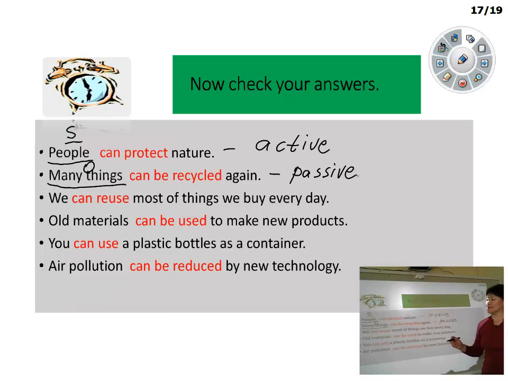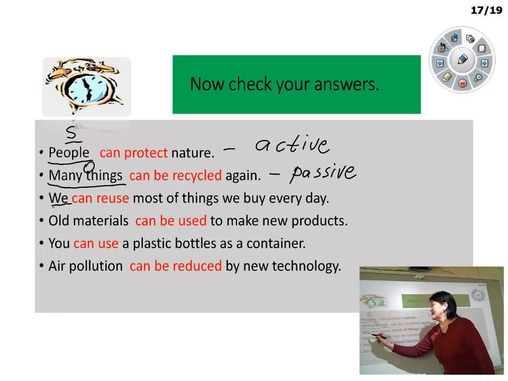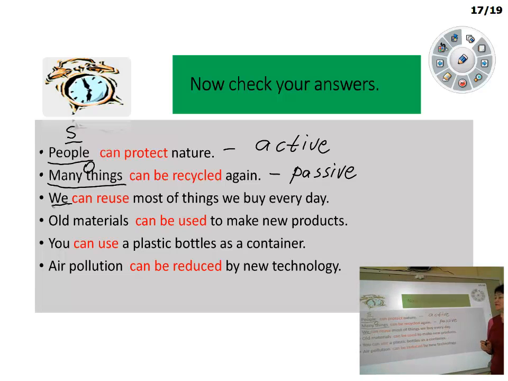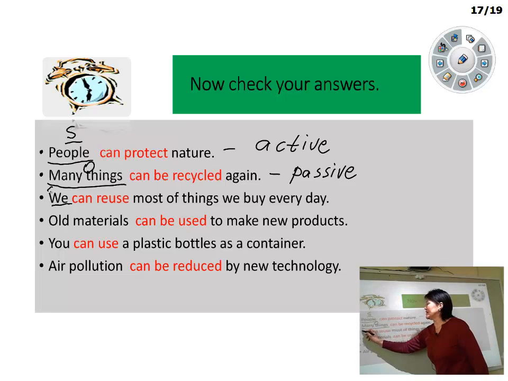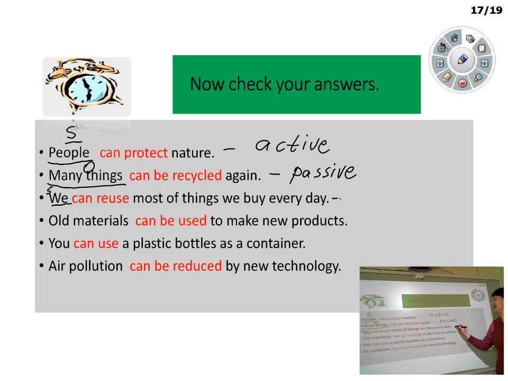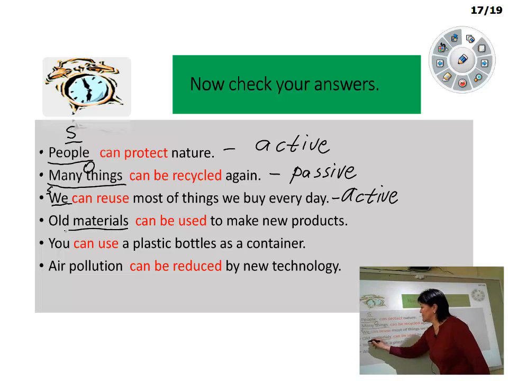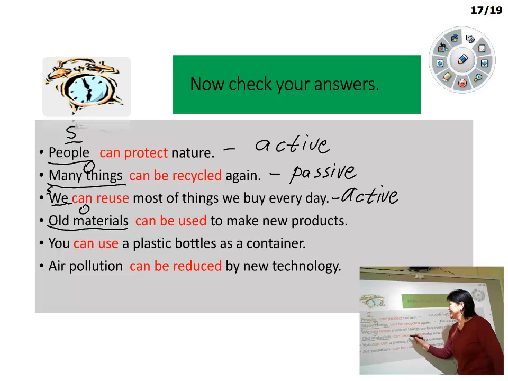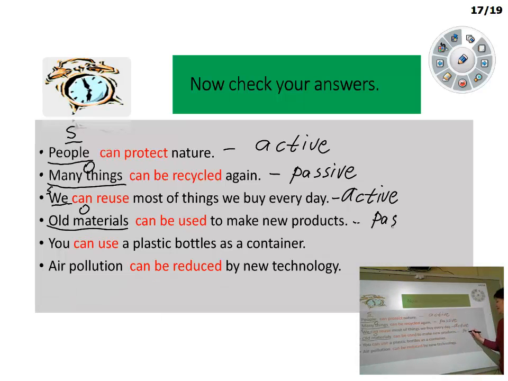And also next, we can reuse most of things we buy every day. We use this here as an object, and this sentence is active. Active. And next one, old materials is object, and we use this as a passive.